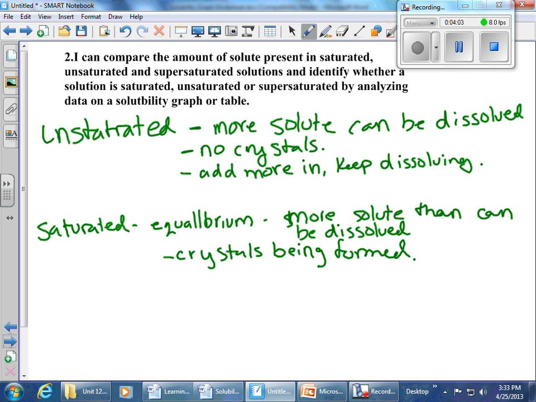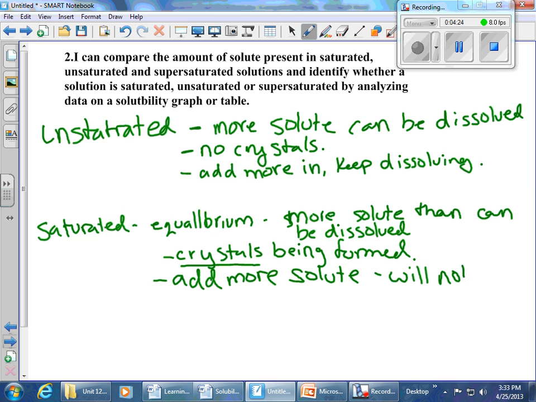They'll be left in your test tube, in your beaker, in whatever solution. If you add more solute, it will not be dissolved. So that is how you know if it is a saturated solution versus an unsaturated.